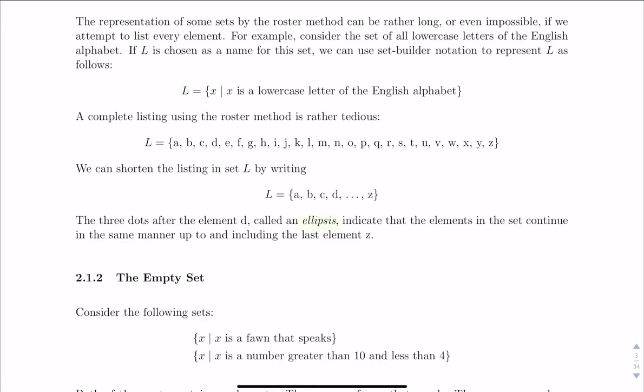If we wrote it in roster method, you can see all of the letters listed below. But we can shorten it by using something called an ellipsis. And that's just 3 dots. So you can see the pattern, and then you want to put the element at the end. So we have A, B, C, D, dot, dot, dot, all the way up till Z. If there's not a last element, you can just use the ellipsis to indicate that it keeps going forever and ever.